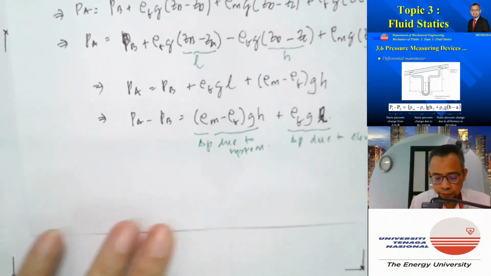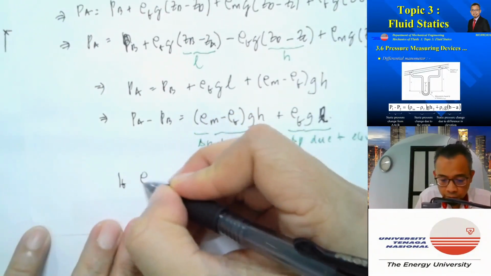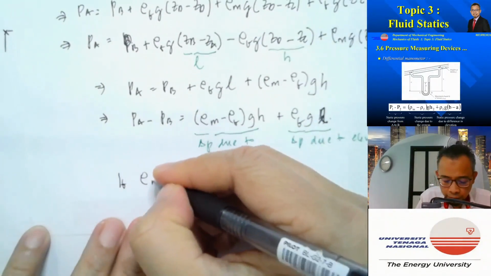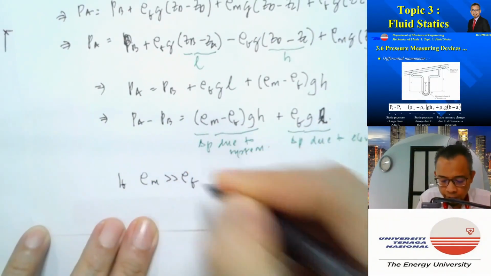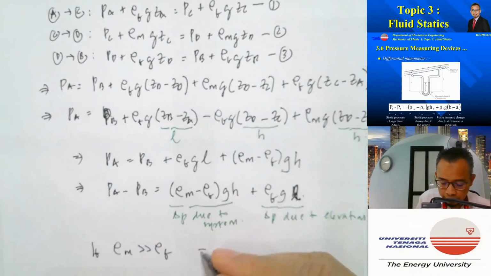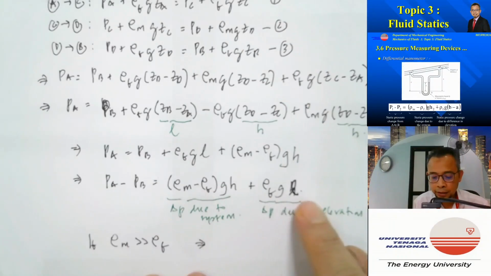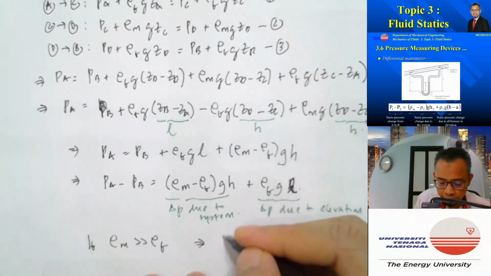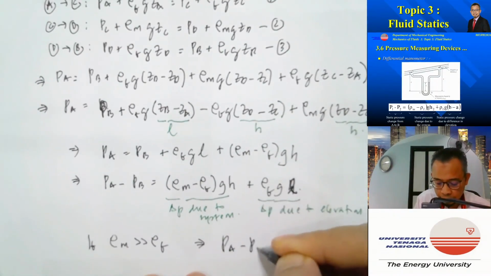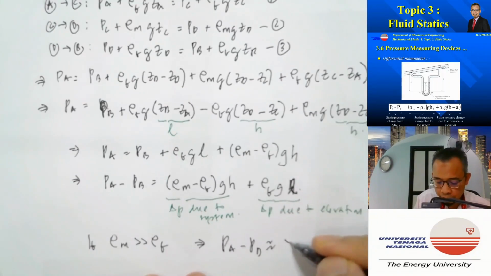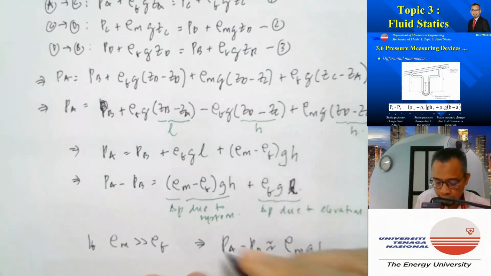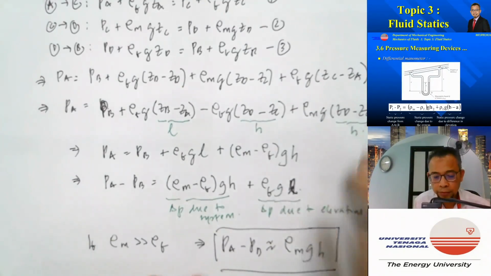So now if rho M is a lot bigger than rho F again, then this one here will just become rho M g h, and this one here will be negligible. So we can write PA minus PB will be approximately equal to rho M g h. Right.